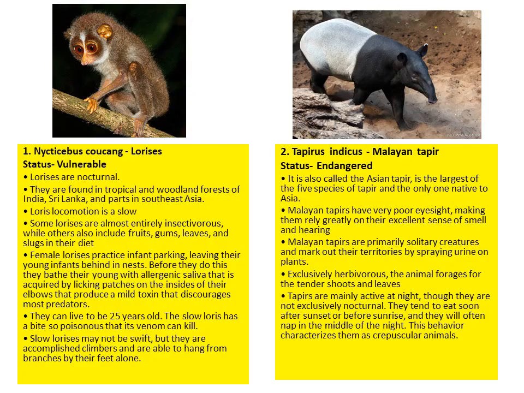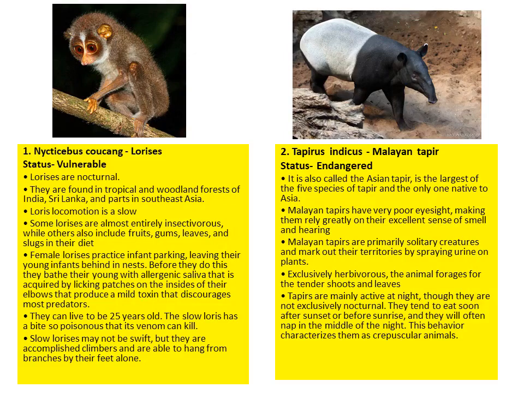So some of the individuals of the Oriental realm are: number 1, loris. Lorises are nocturnal, see the size of the eyeball. They are found in tropical woodland forests of India, Sri Lanka and southern Asia. Locomotion is very slow; they are insectivorous, but also feed on fruits, gums and leaves.